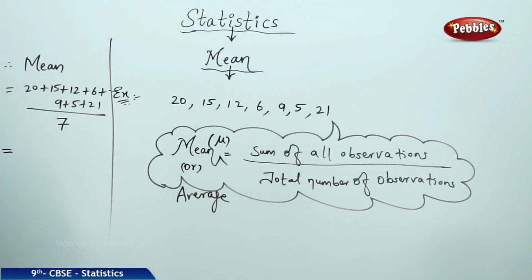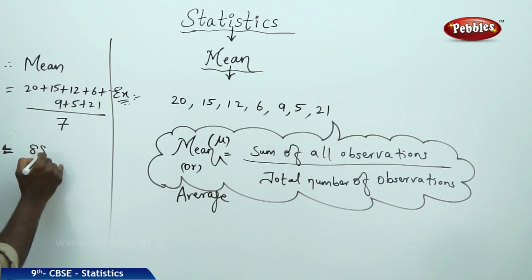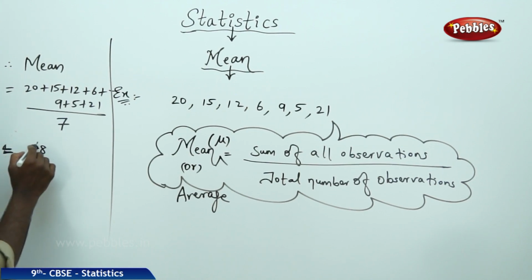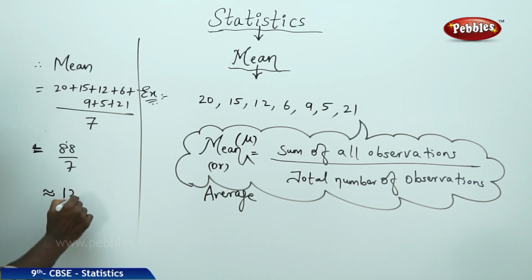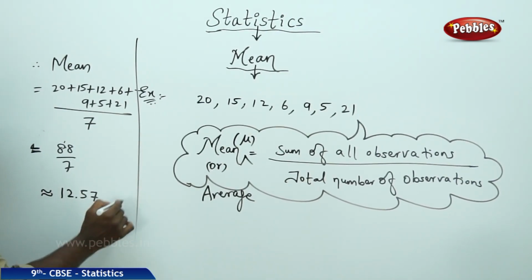So when I add up 35, 47, 53, 62, 67, 88. So I get this to be 88 by 7, which approximately gives me 7 ones 7, 18, 7 twos 14, 0.40, 7 fives 35, 50, and so on and so forth.